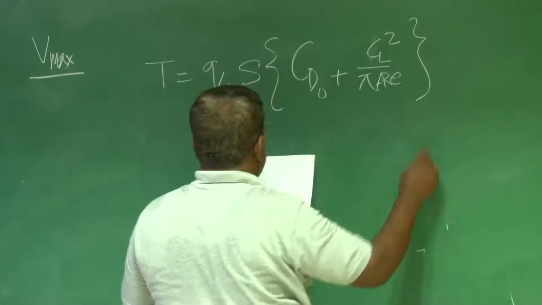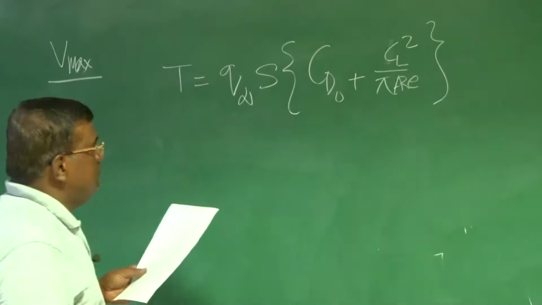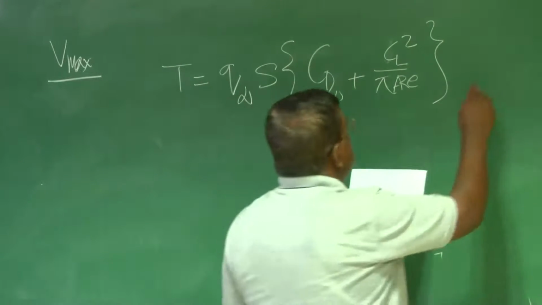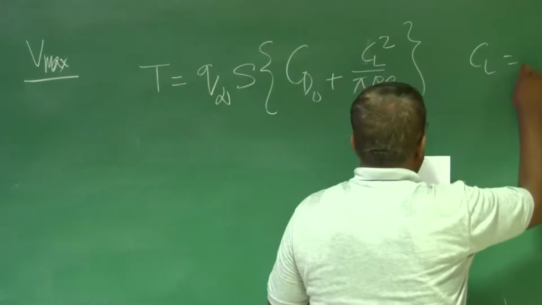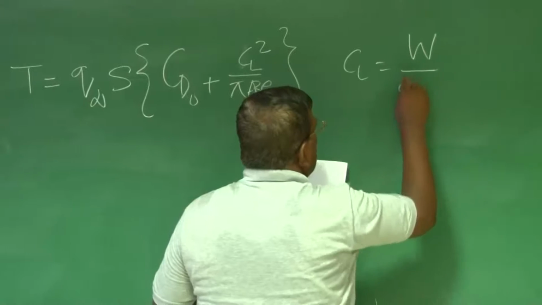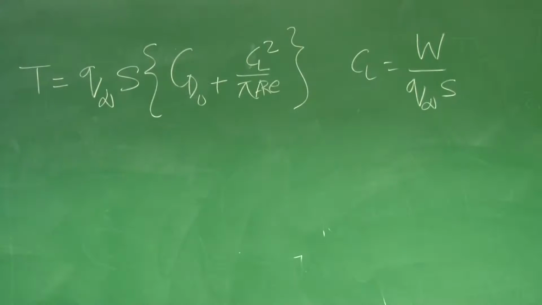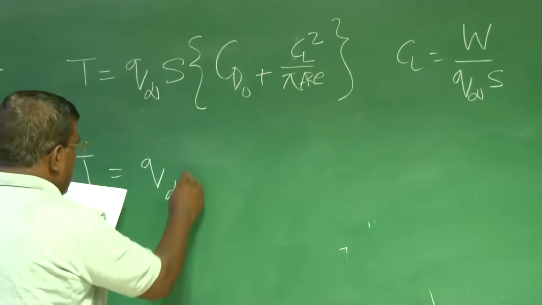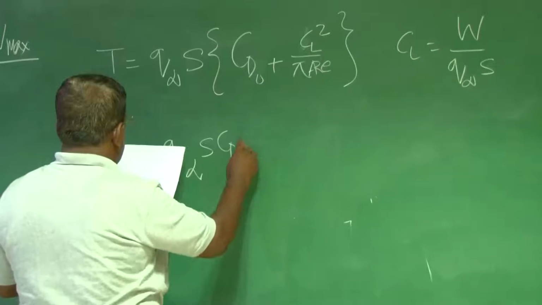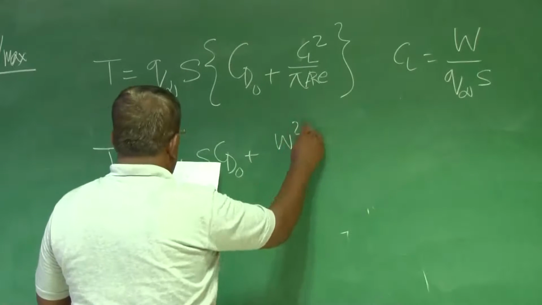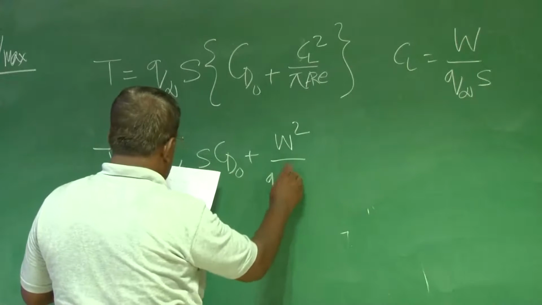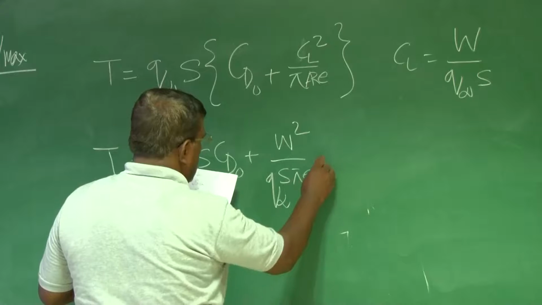And also I know CL is W by Q infinity S. So I can write thrust equal to Q infinity S CD naught, mechanical, plus W square by Q infinity S pi E aspect ratio.